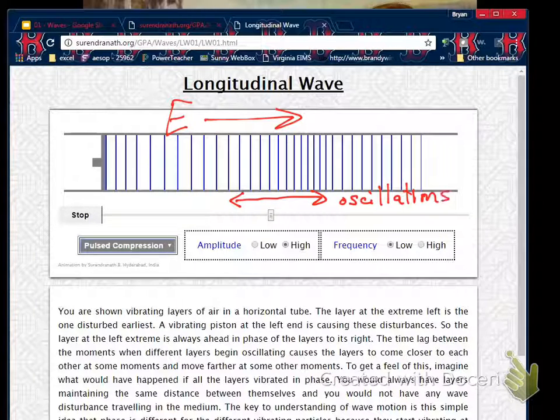All right. So in our longitudinal wave, the medium oscillates in the same plane, or in the same direction, as the energy is moving. Okay. And with our longitudinal waves, which we sometimes call compressional waves, you'll remember from what we just saw with the transverse waves, the medium moves up and down. We have our crests and our troughs.